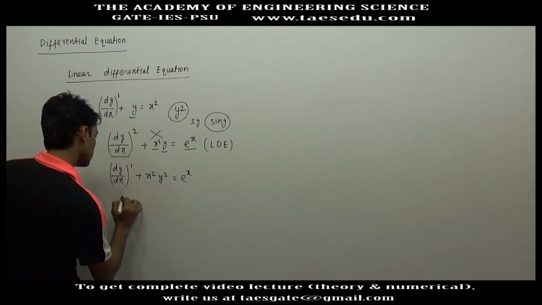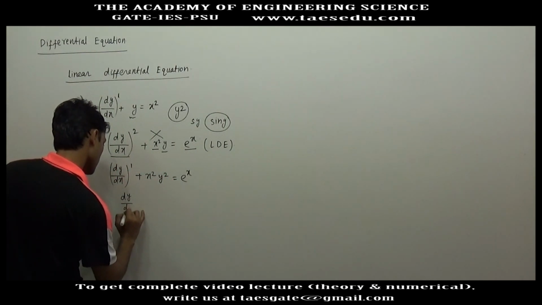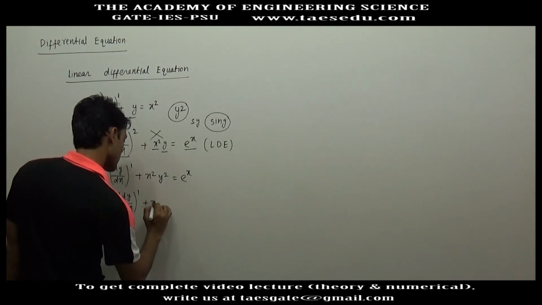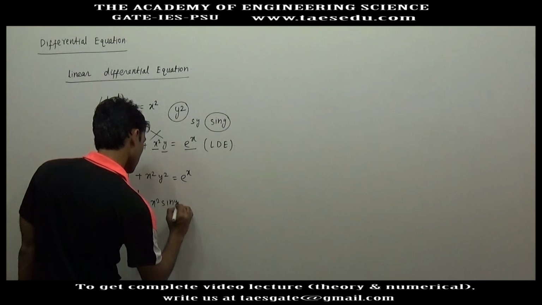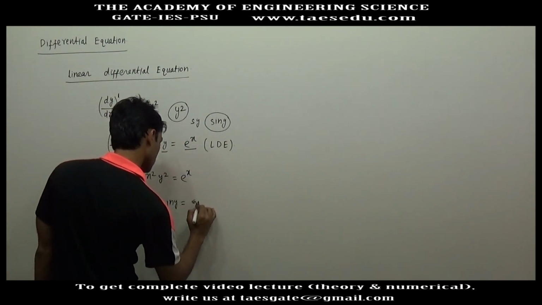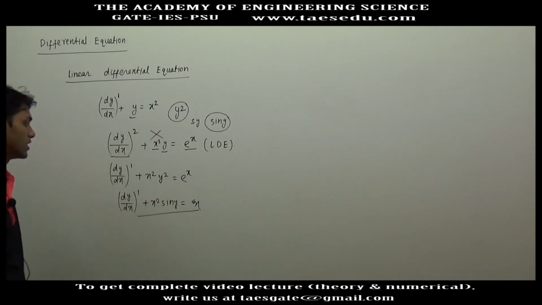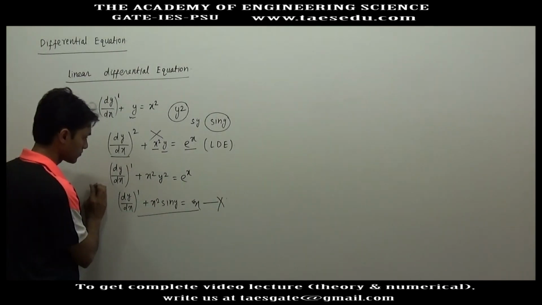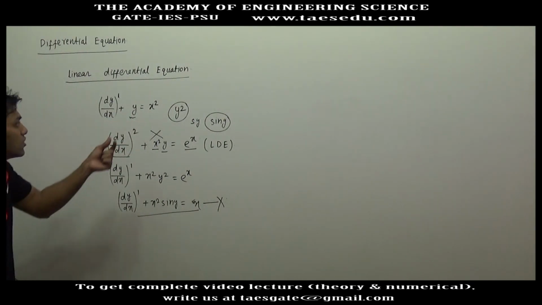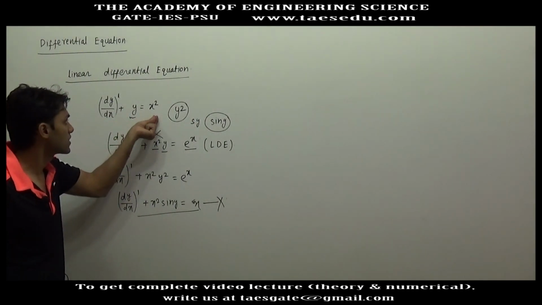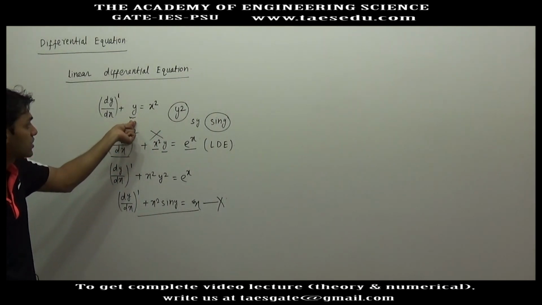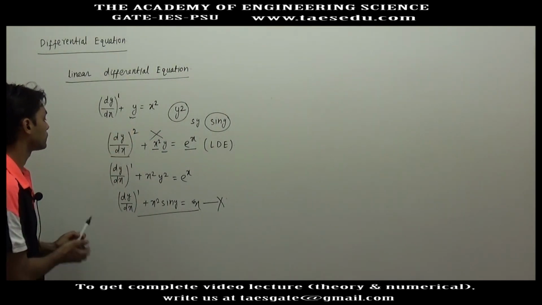So if we have y dash plus x square into sin y is equal to x, this is also not a linear differential equation. So in a linear differential equation, there may be a non-linear function in terms of x, but we cannot have any non-linear function in terms of y.